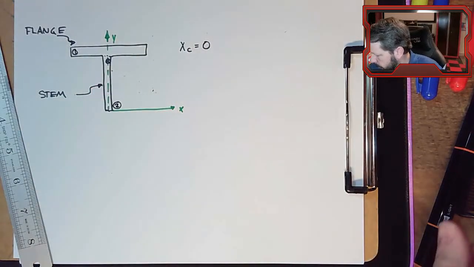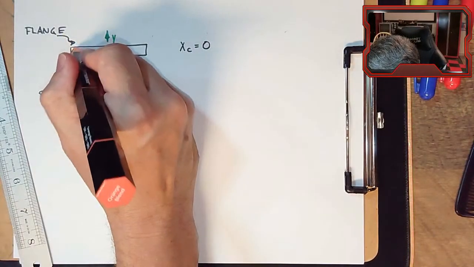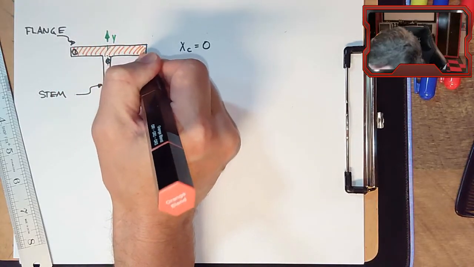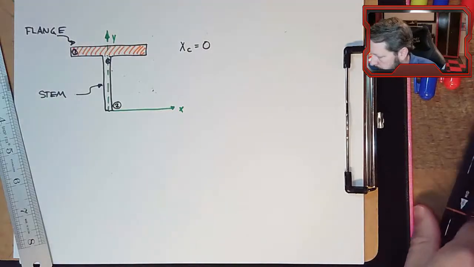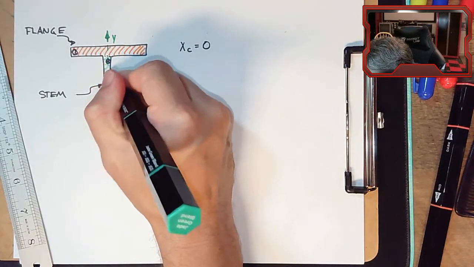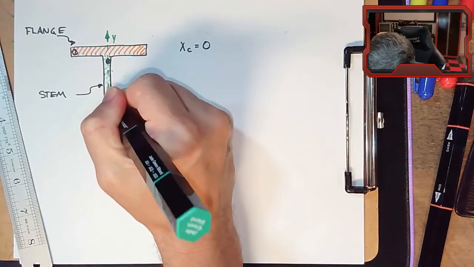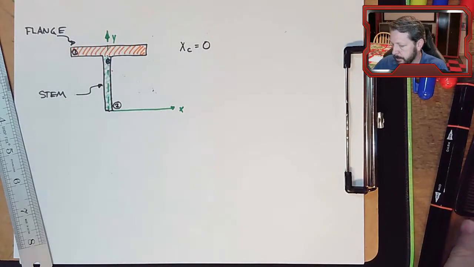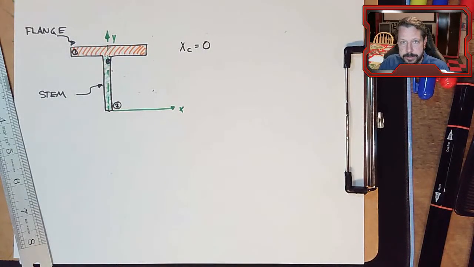Let's get them colored so we can tell them apart. The flange is created by one primitive shape, which is just a rectangle, and the stem is created by another rectangle, like that.